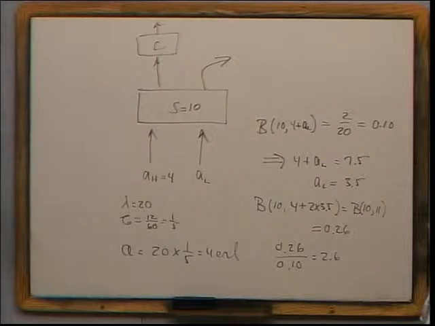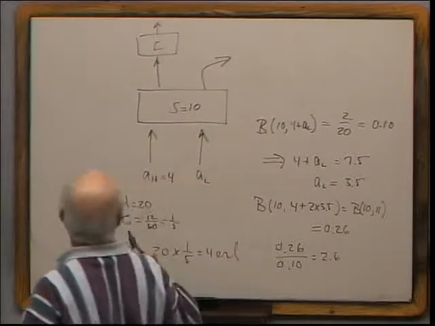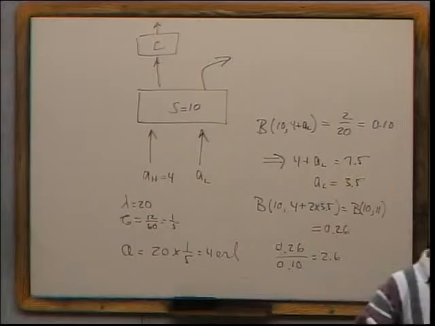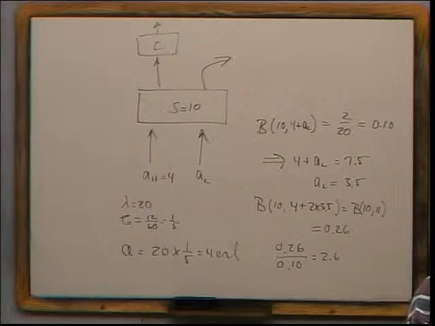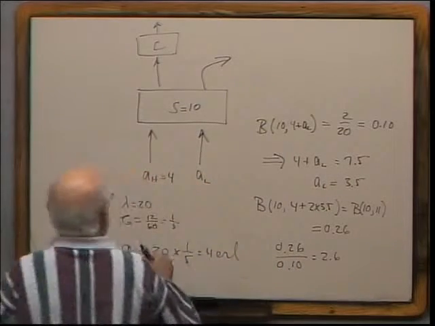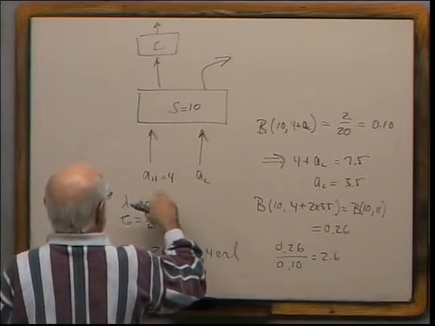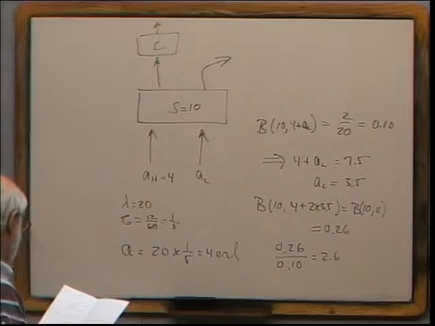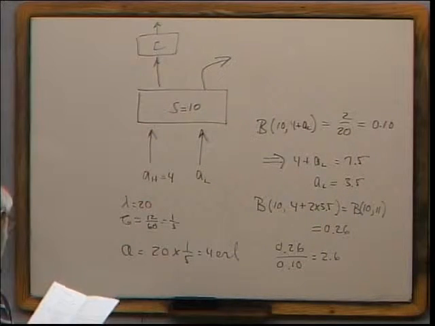In other words, what I'd like to say here is something like this. I'd like to say, well, let's see. When this guy doubles, that means that this guy's overflow rate is going to increase by a factor of 2.6.